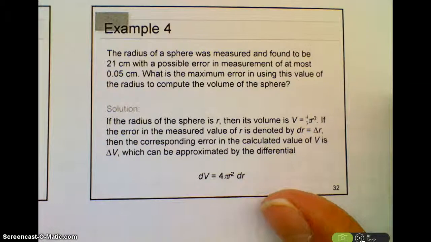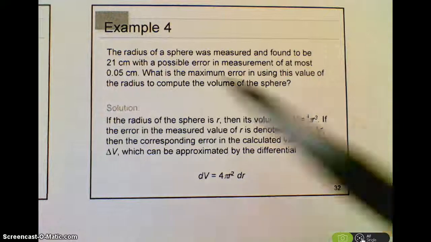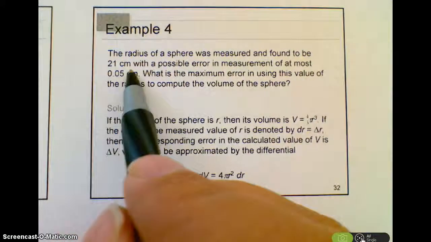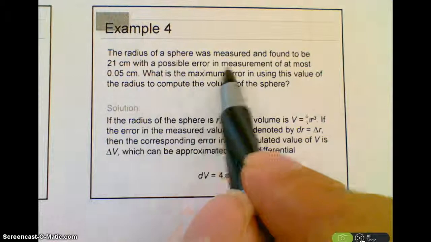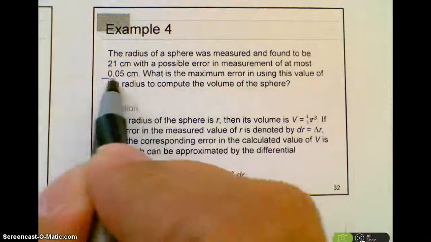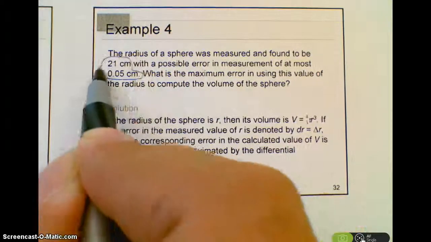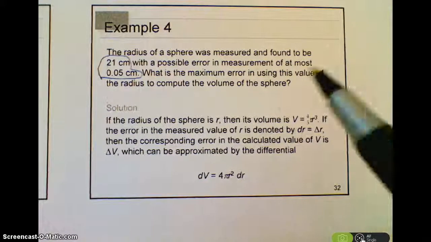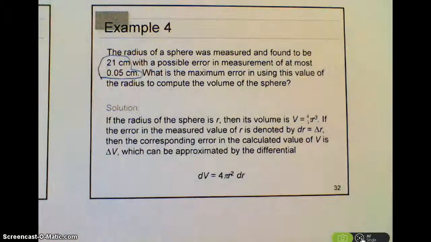So one of the applications for differentials: the radius of a sphere was measured and found to be 21 centimeters with a possible error in measurement of at most 0.05. And this is something that happens every day, not only because of humans mistakenly measuring, but also because of limitations on the tools that are used to measure.